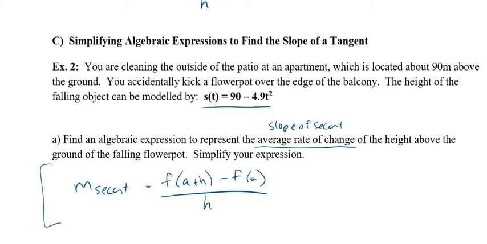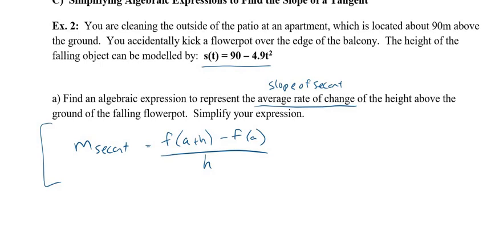So the trouble is that we're not thinking in terms of f's and a's and h's. So instead of doing that, we're going to rewrite this just a bit. We're not working with f of a, we're working with s of t. So we're going to think s of t, and the first part of this is going to be s of t plus h.